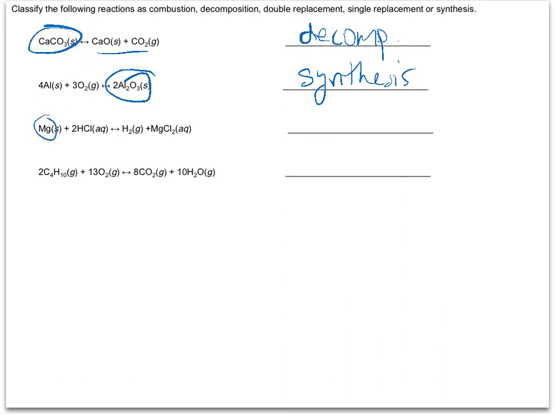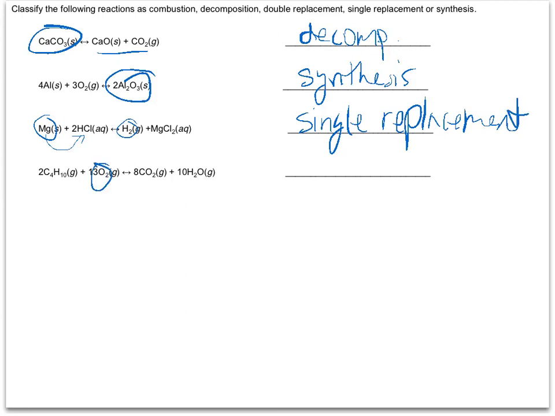Here we have an element by itself, and in the end we have the other element by itself, which means that it's being switched. This is single replacement. And then on the last one, if we look, we have oxygen as a reactant, so this is combustion.